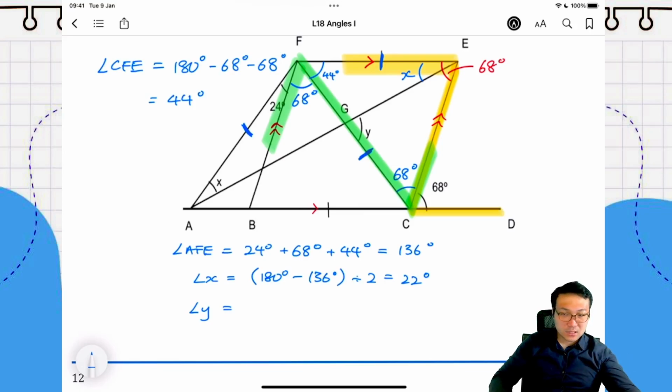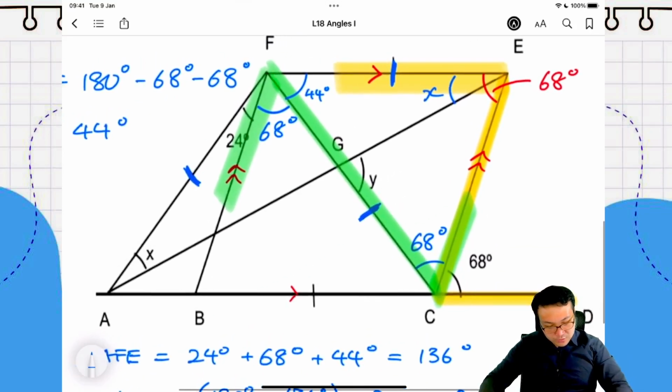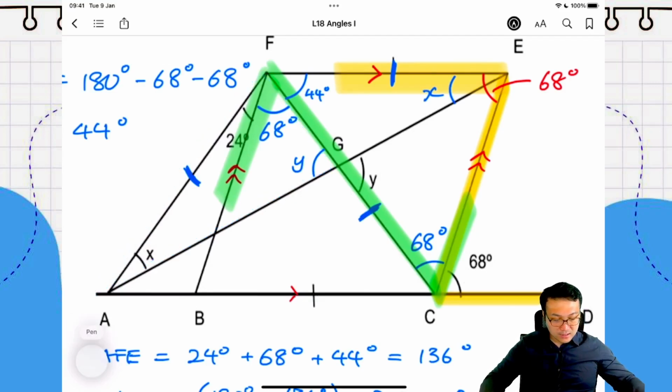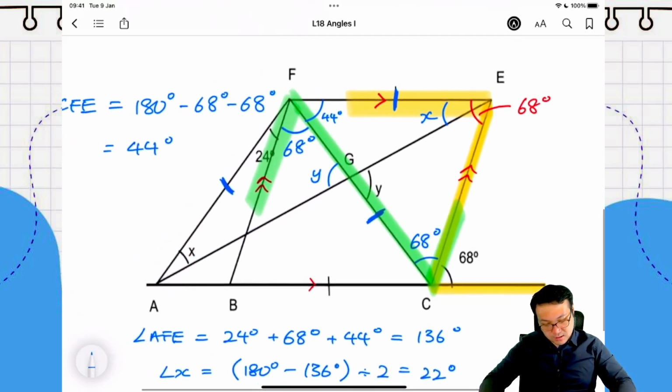Oh, I see what you're doing. This is also Y. Is that what you did, Shiting? Then you make use of this triangle, is it? So you say 180 minus X, then minus 24 minus 68, is it? Yeah, equals 114.